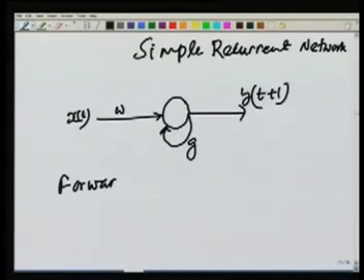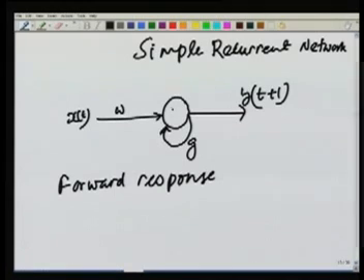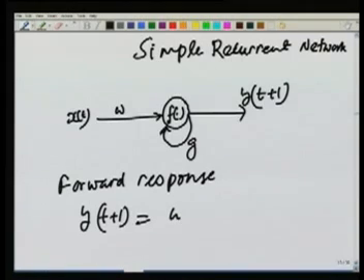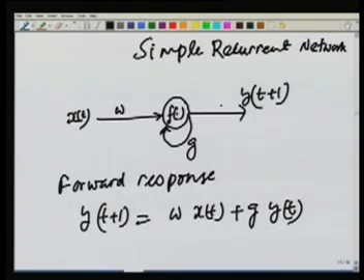Before we can do that, we must write down the forward response of the network. What is the meaning of forward response? Given x t, what is y t plus 1? Let us say this neuron has a sigmoidal activation function. That is, y t plus 1 is f of w x t plus g y t. You can easily see that this is a feedback.